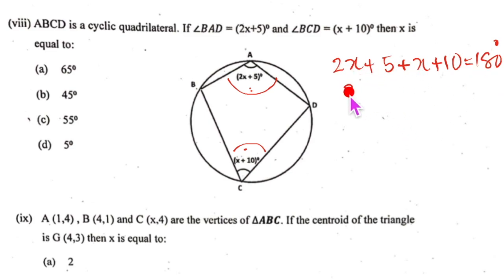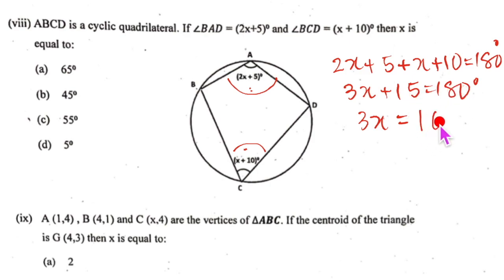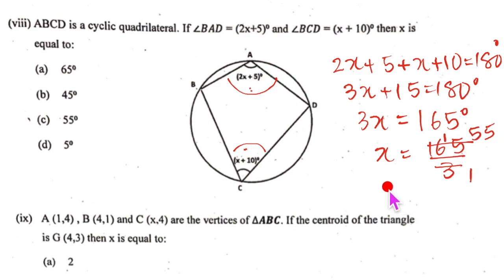So add the x's: 3x plus 15 equal to 180 degrees. So 3x will be equal to 180 minus 15, that is 165 degrees. So x is going to be equal to 165 upon 3. So 3 will go 5 times, 15, remainder 1, again 5 times. So our x is equal to 55 degrees, which is option C.